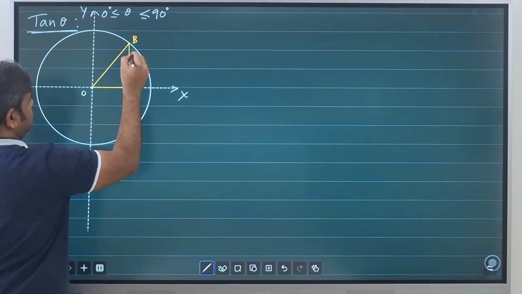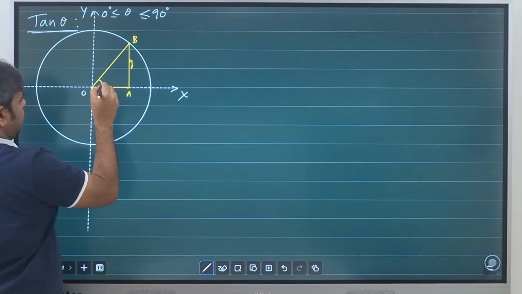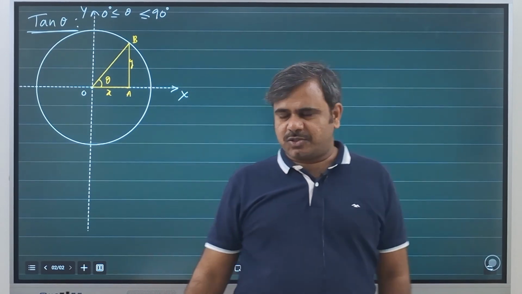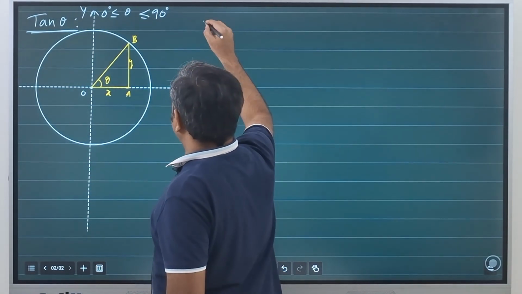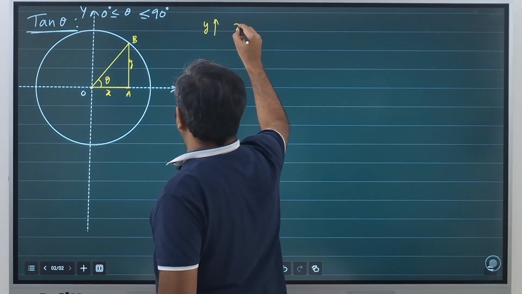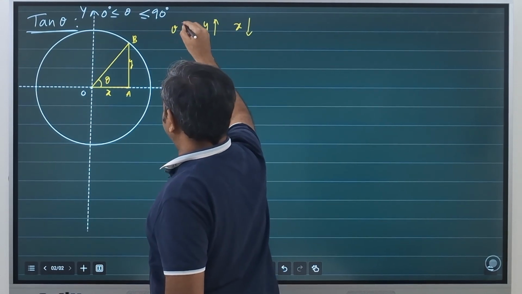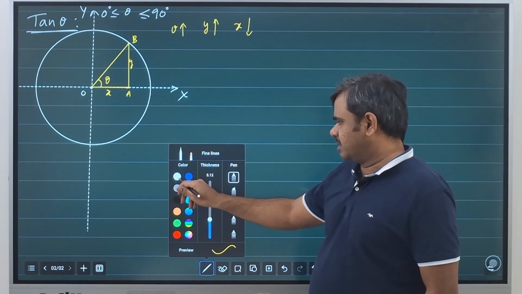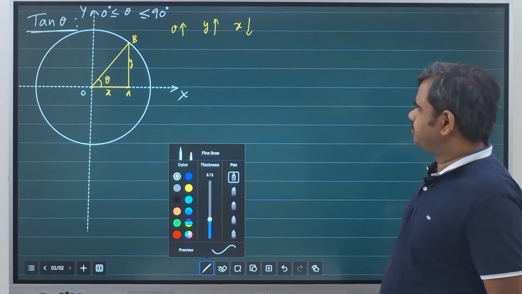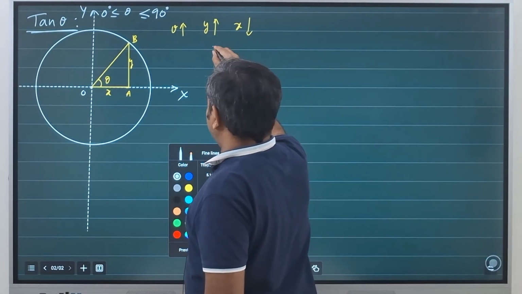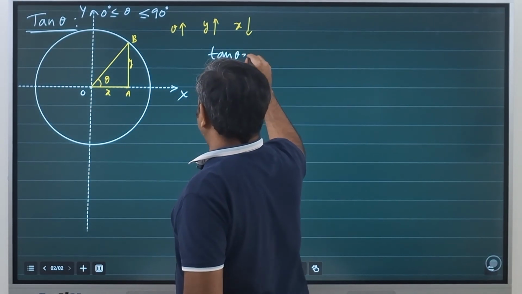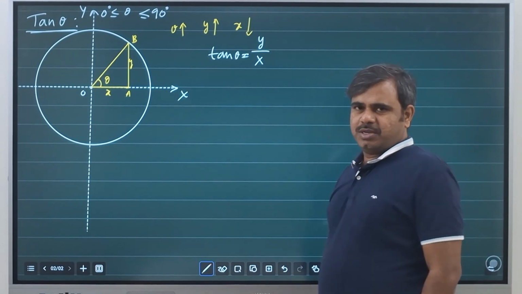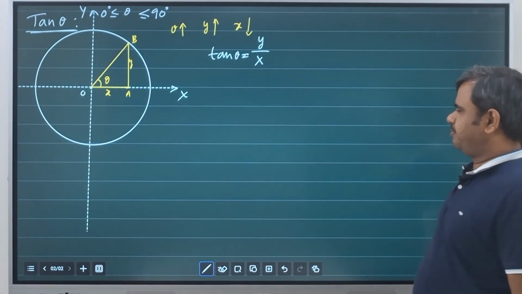Look at x and y. As theta increases from 0 degrees to 90 degrees, y increases, x decreases. You know tan theta is equal to y by x, the ratio of opposite side to adjacent side, the ratio of height to base.